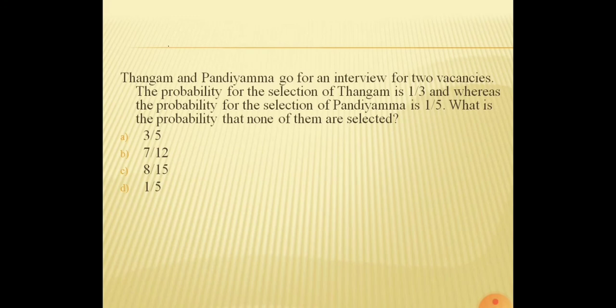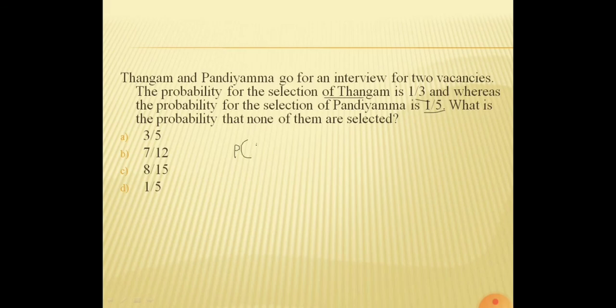Next question: Tangam and Pandiamma go for an interview for 2 vacancies. The probability for the selection of Tangam is 1 by 3, whereas the probability of the selection of Pandiamma is 1 by 5. What is the probability that none of them are selected?